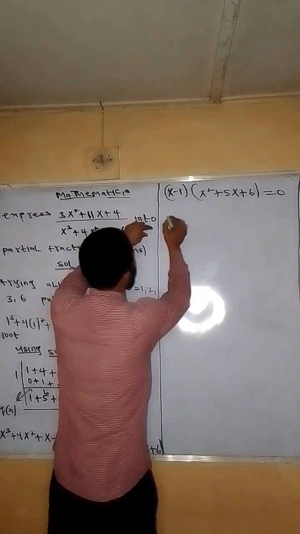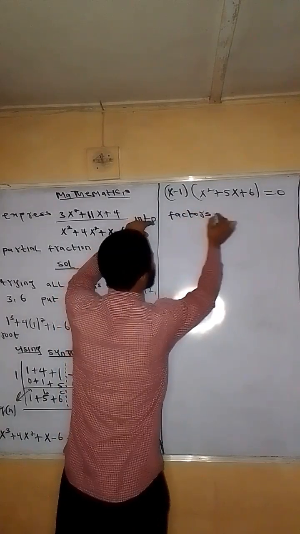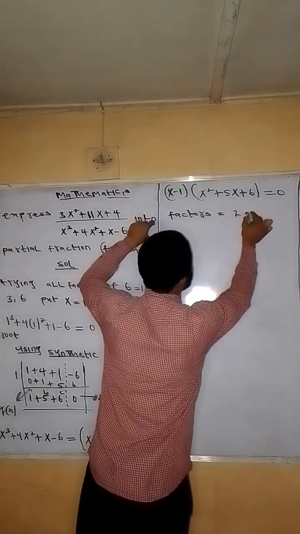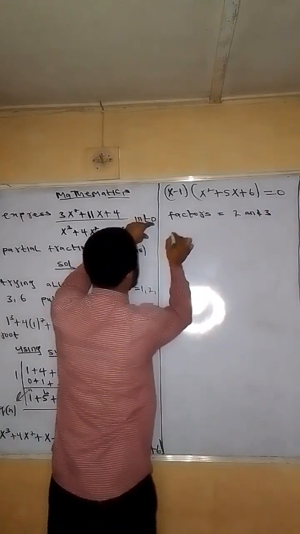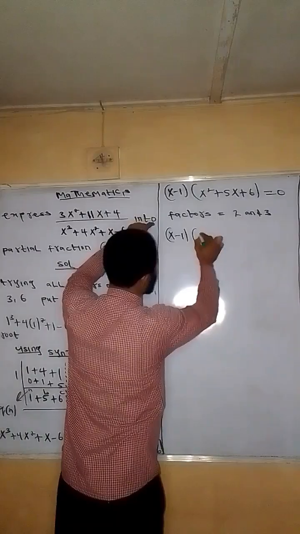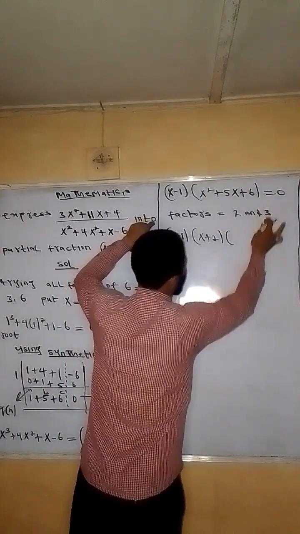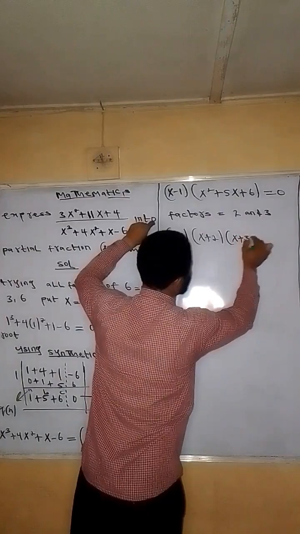The two numbers, our factors, are 2 and 3. So at the end of the day, we are going to have s minus 1, add s to 2, becomes s plus 2, add s to 3, becomes s plus 3.